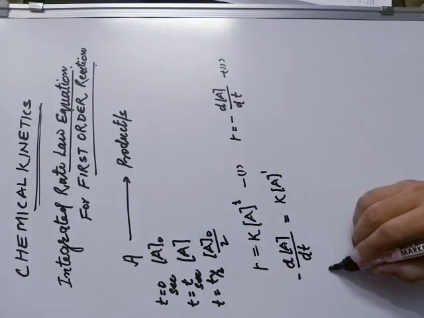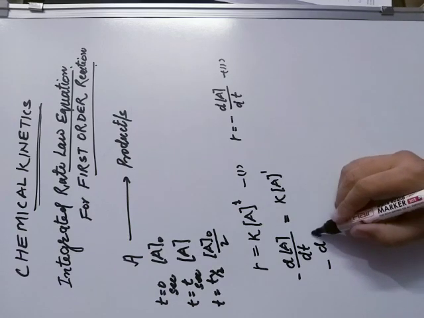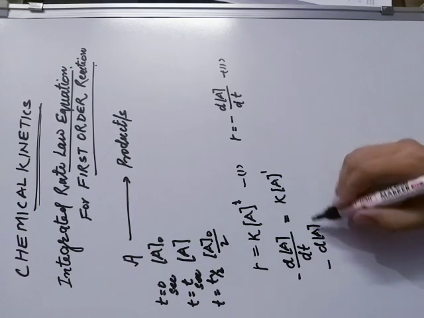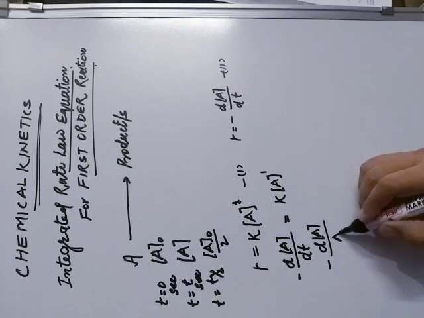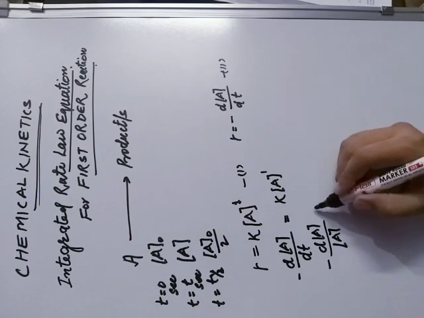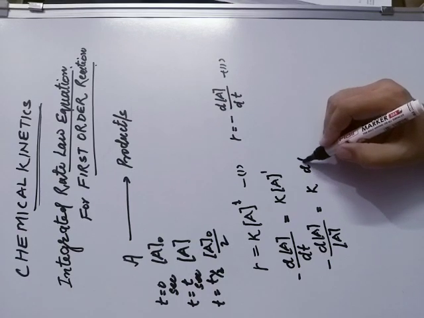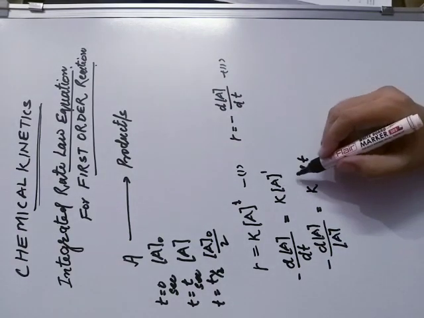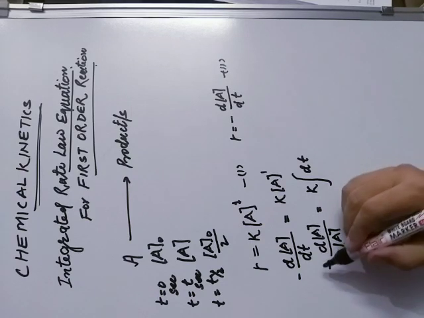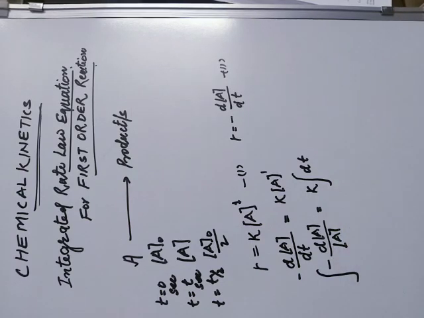Now what will be the next? Minus change in concentration of reactant, A will come here, here it will be K dt. Cross multiplication. Now we are going to take integration of this equation.